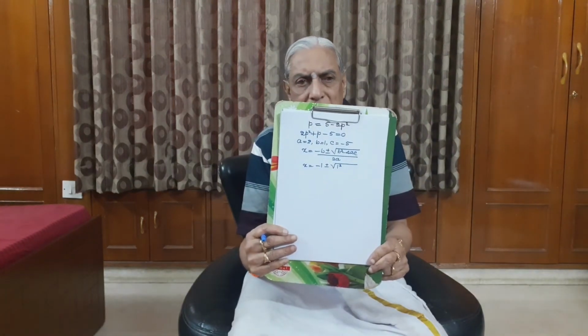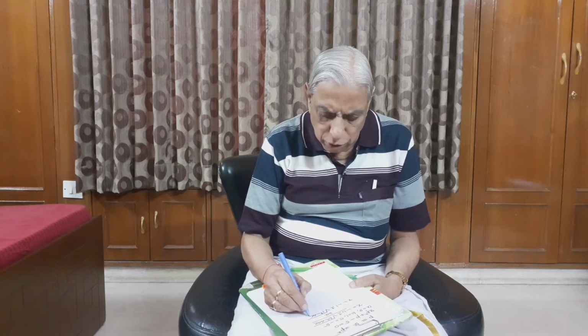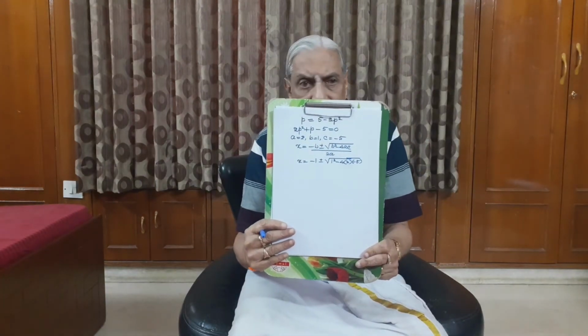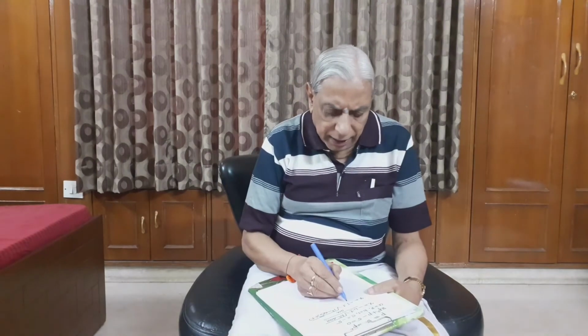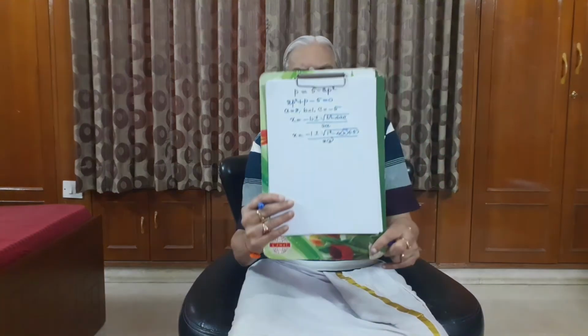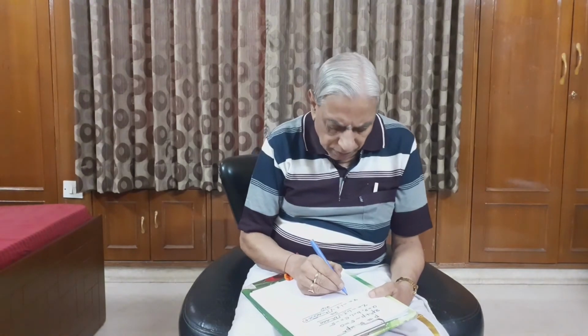B squared minus 4AC: minus 4 into what is the value of A? 2. What is the value of C? Minus 5. So once again minus 4 into 2 into minus 5, whole divided by 2A, that is 2 into 2. I hope you understood. Now you just simplify.